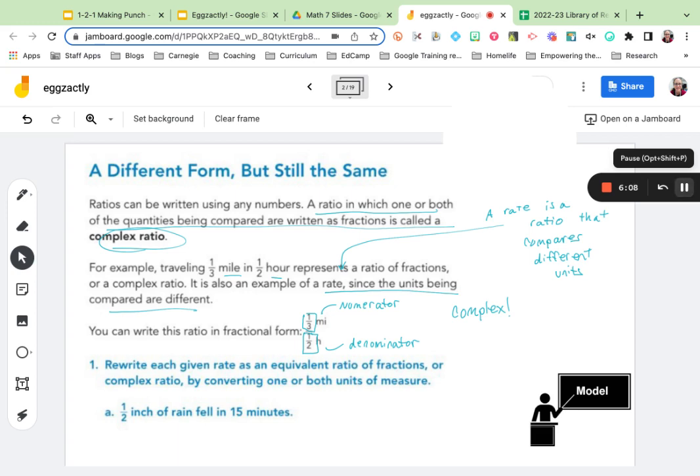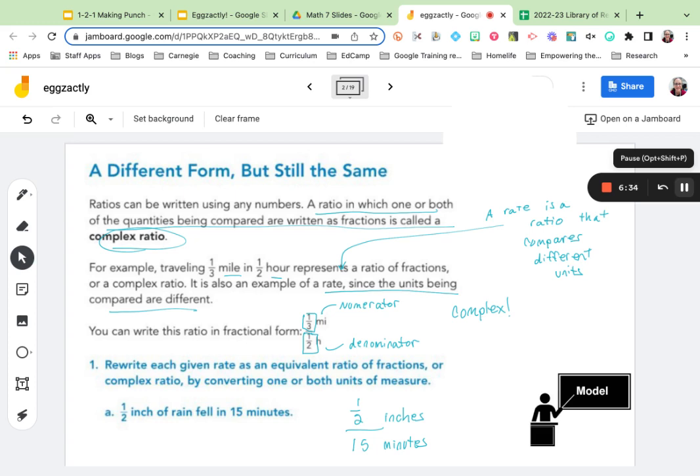So part A here tells us that half an inch of rain fell in 15 minutes. So what are the units I'm comparing? I'm comparing inches to minutes. And specifically, we have 1/2 inch compared to 15 minutes. This is our complex ratio, 1/2 over 15.